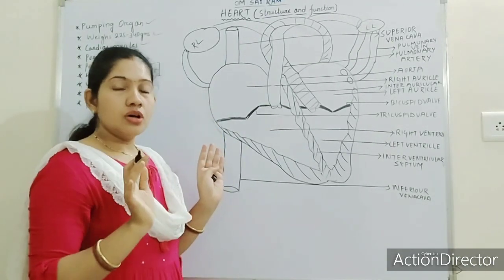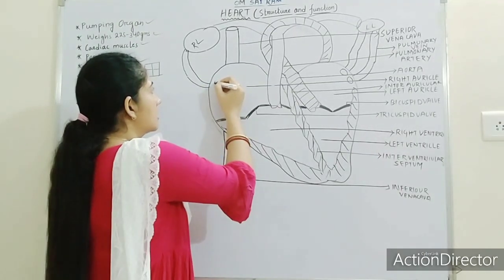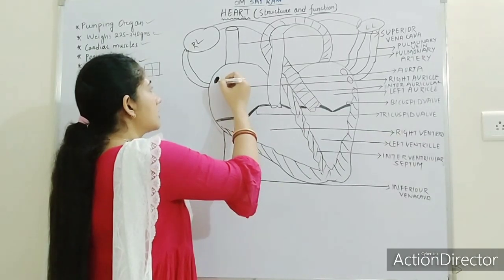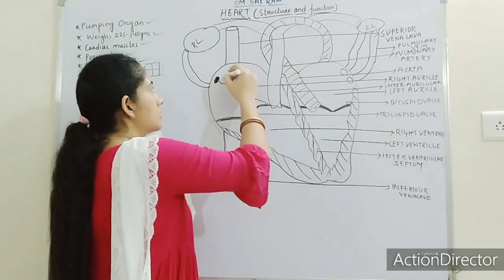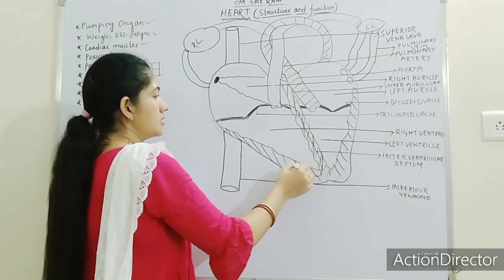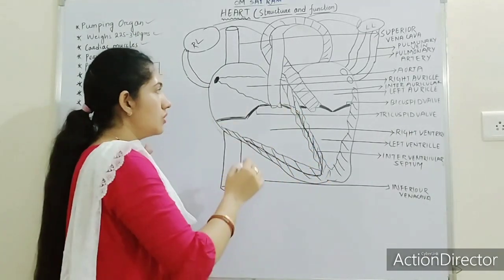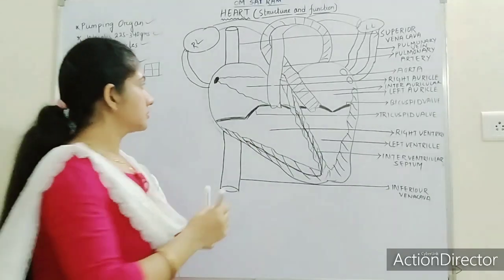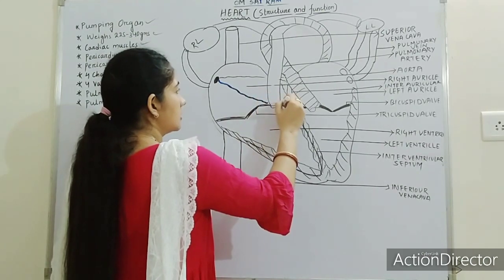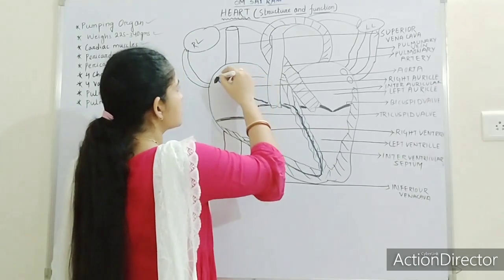There is a node known as the SA node, the sinoatrial node, which is present just near this in the right auricle, and it connects to the muscles of the heart.